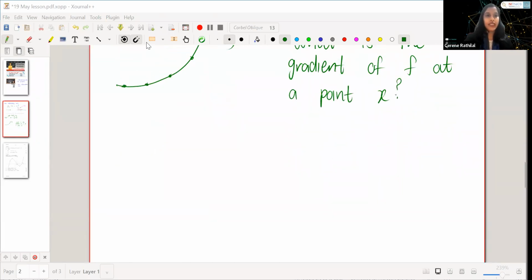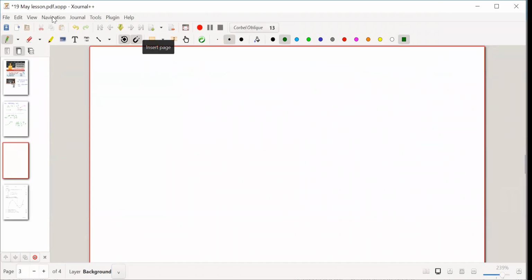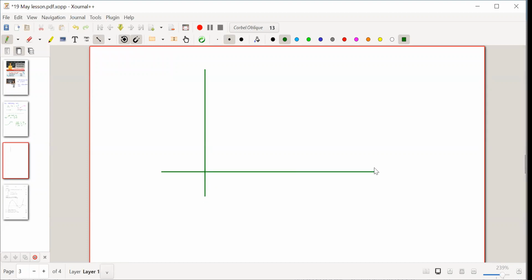Okay, let me get a new page. I'm going to start by drawing a diagram. So here is my y-axis, here is my x-axis, and here is my curve.